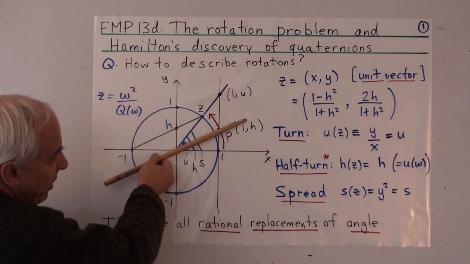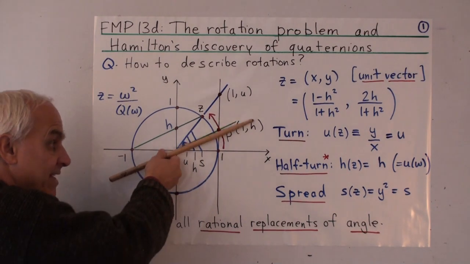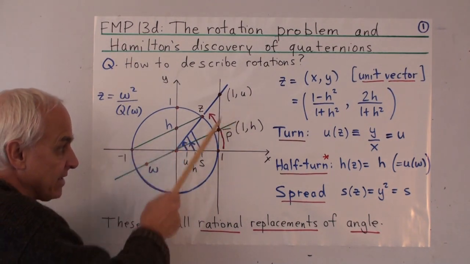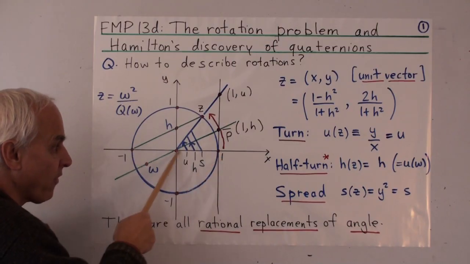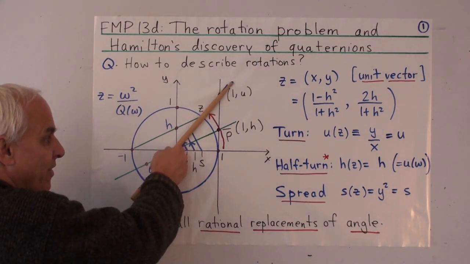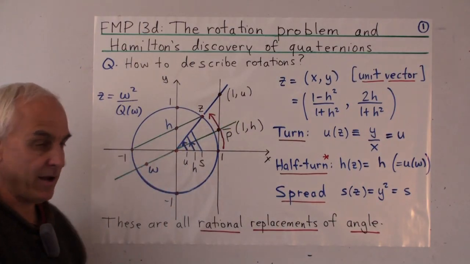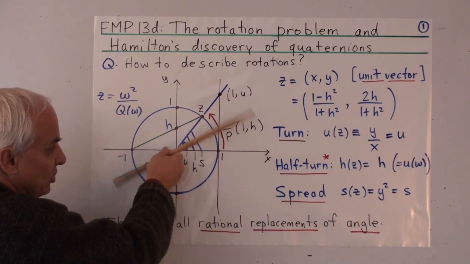When we think about it that way, we see that h is also the turn of this line, the ratio of the slope h over 1. So the half turn of this line is the same as the turn of this line, and this line is actually a bisector of the vertex formed by these two lines.